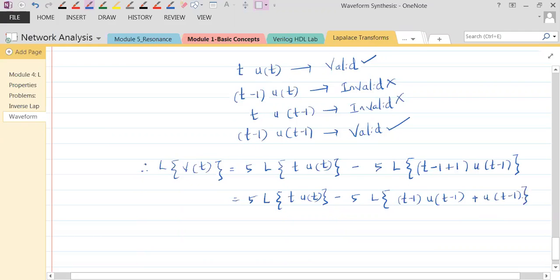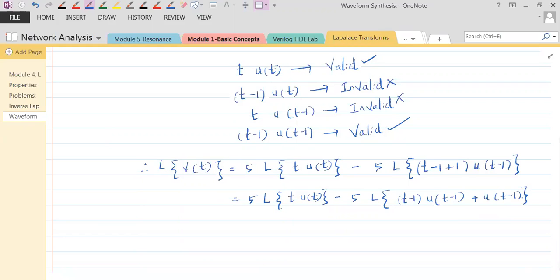This is how the things are. So this is how we are supposed to be writing it.